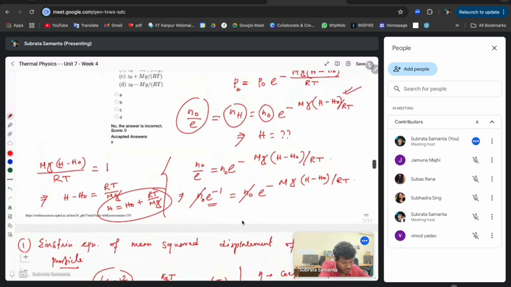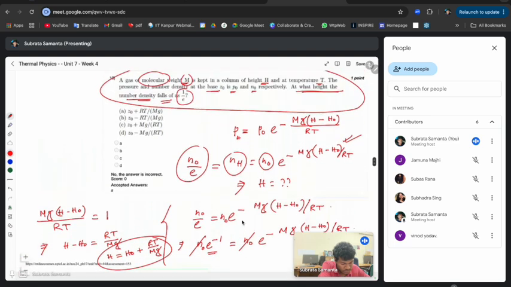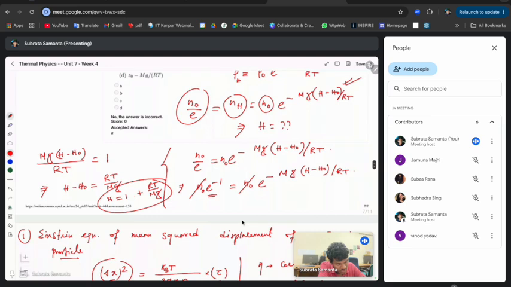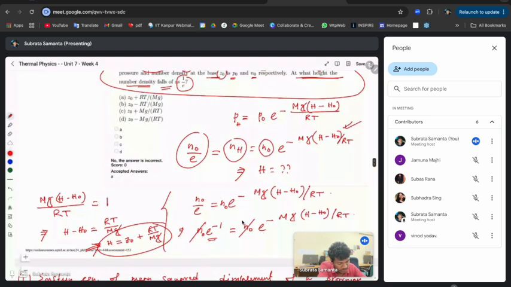Let's see if this is in the options. The base height is z naught, so here h naught is basically z naught, and I replace h naught with z naught everywhere, according to the problem.